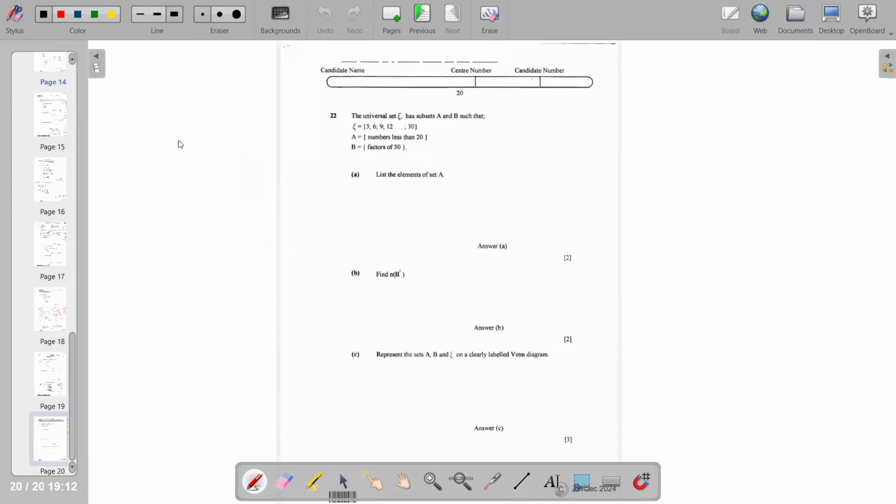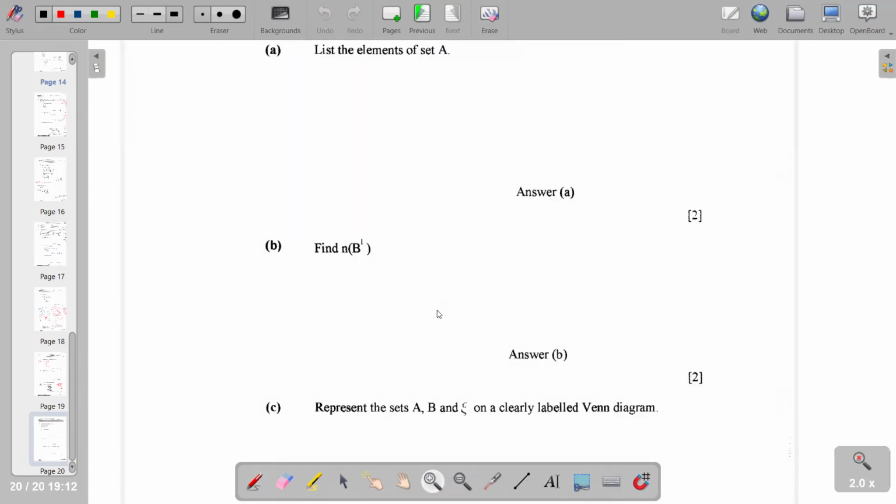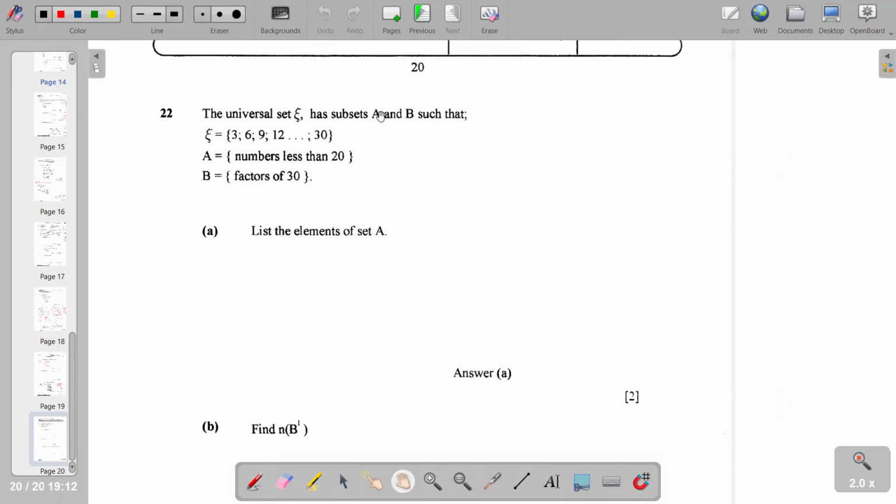The next question, this is what you are given. The universal set has the subsets A and B such that the universal set is 3, 6, 9, 12. As you can see, these are multiples of 3. Then here A is saying there are numbers less than 20.